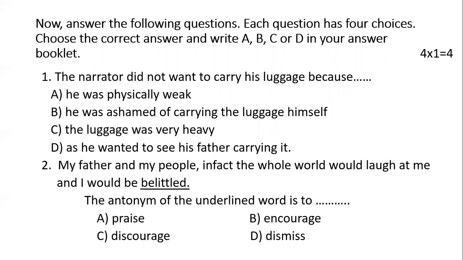So you all know the option. Yes. So B is the letter what you have to write. So he was ashamed of carrying the luggage himself. So we should not write the whole sentence, but we have to write only the letter.